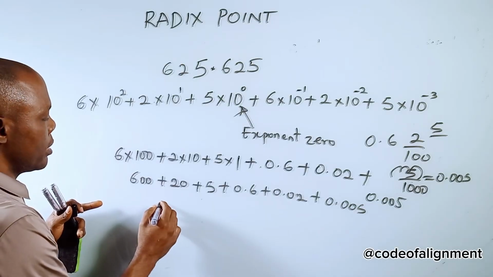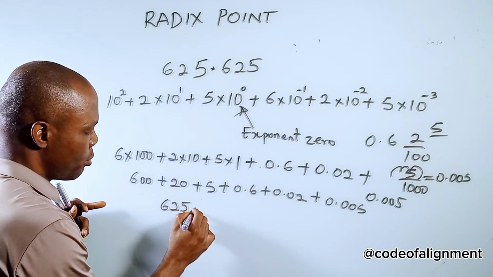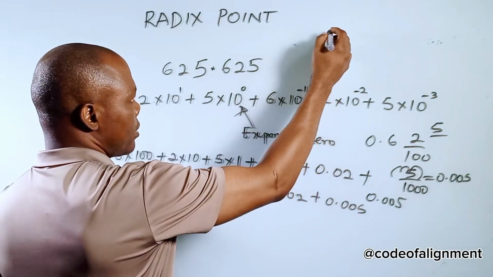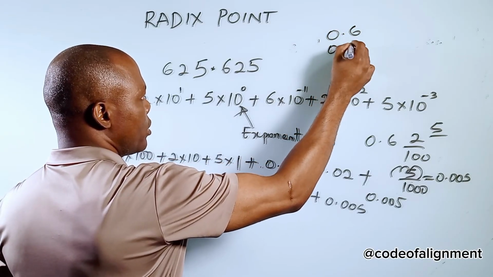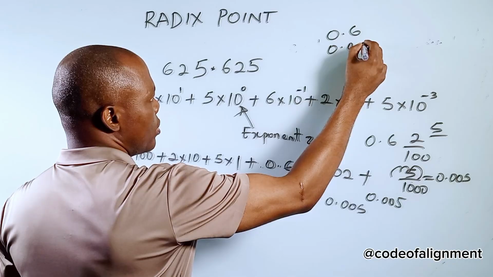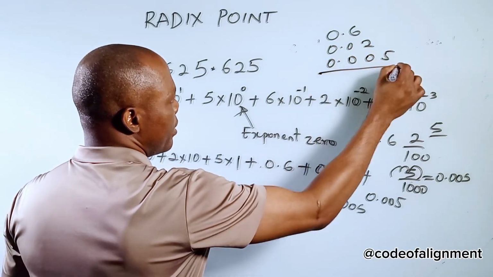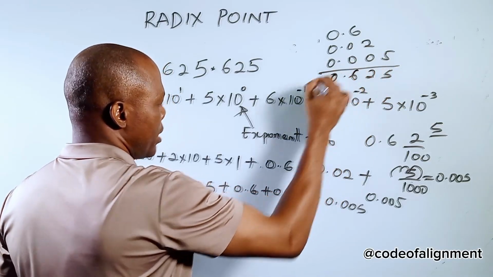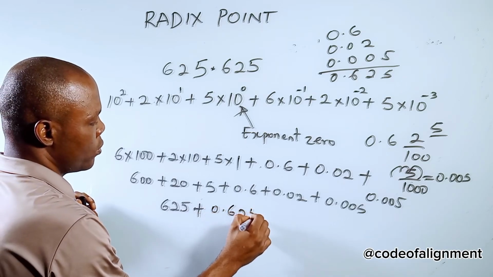This will give us 625, plus this part will give us 0.6, 0.02, 0.005, which gives 0.625.